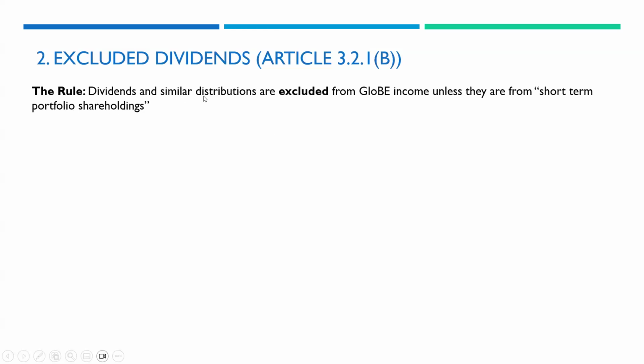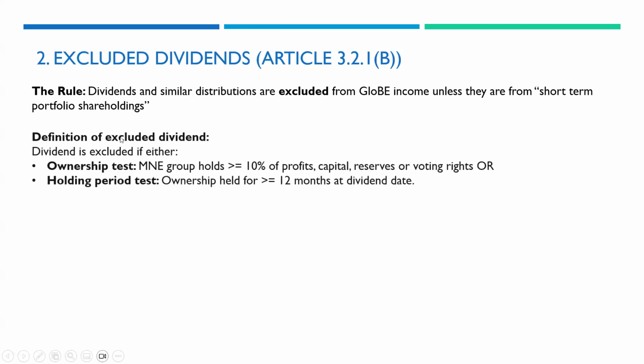The rationale is spot on, but there are a few shortcomings. Like the rule: dividends and similar deductions are excluded unless they are from short-term portfolio shareholding. We'll explain all that. So what is an excluded dividend? A dividend is excluded if either the M&E group holds greater than or equal to 10% of profits, capital, reserves, or voting rights, or if the ownership is held for greater than or equal to 12 months at the dividend date.